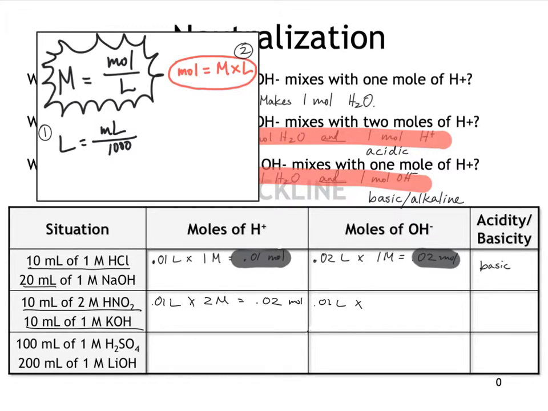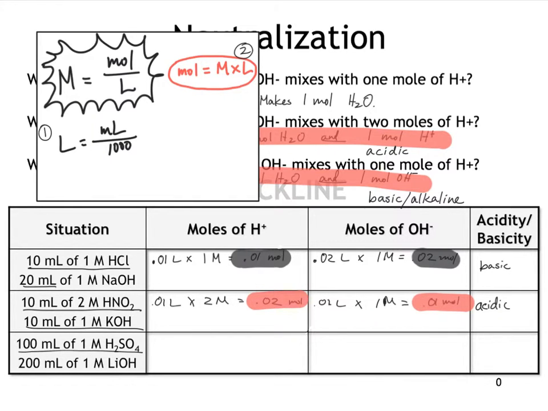Multiply that by 1 molar, which is the concentration of the base, and you get 0.01 moles of hydroxide. So with 0.02 moles of hydrogen and 0.01 moles of hydroxide, you can see we have an excess of hydrogen, making this solution acidic.